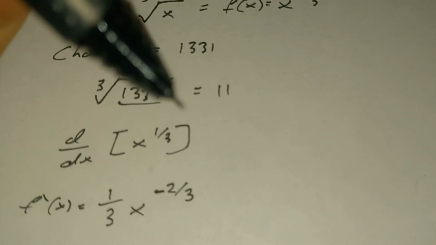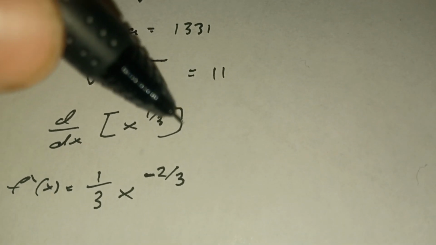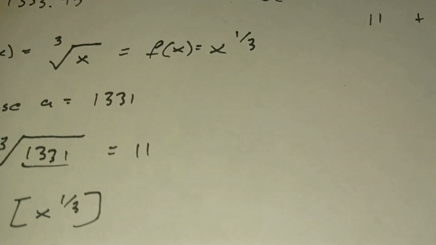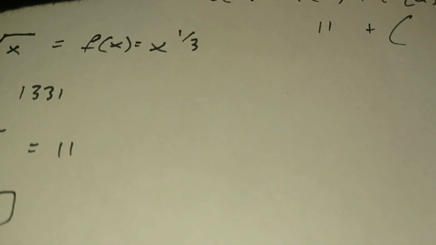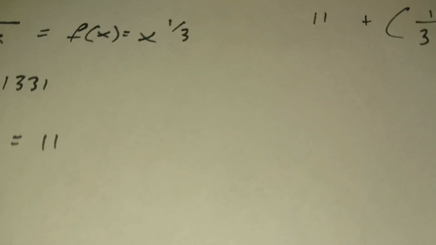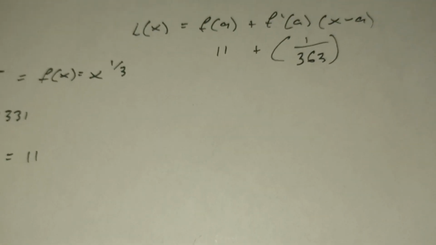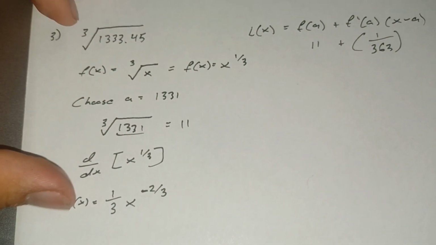We put our a into our derivative. So f prime of a, just plug this into your calculator, is going to be equal to 1 over 3 times 363. That's going to be your f prime of a if you plug this into the calculator.